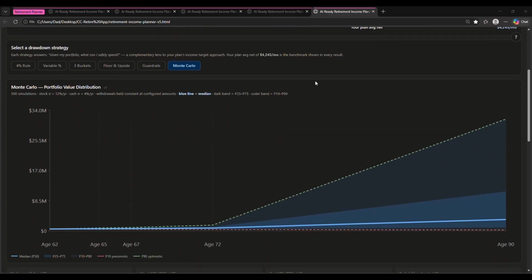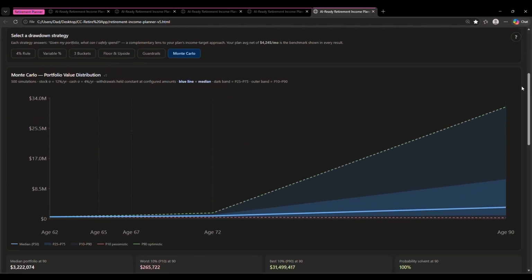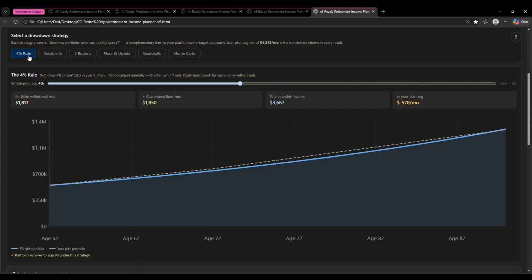So now it's time to put all this together, and here's how to use all 6 together to build genuine confidence in your plan. Start with the 4% rule. Find the rate that matches your income target.